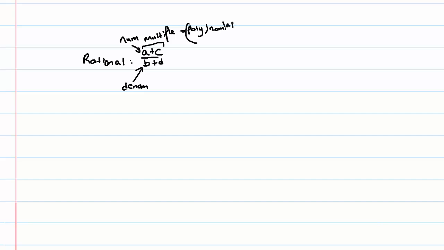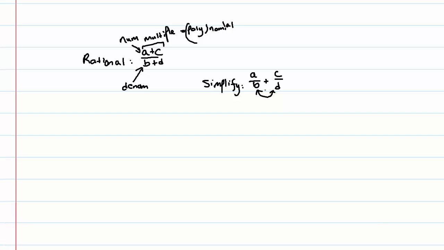Now usually, if we see a problem, we'll want to simplify these rational expressions. If we see the form a over b plus c over d, we want to be able to simplify this. Now when we add or subtract fractions, we know that the denominators need to be the same for each fraction.